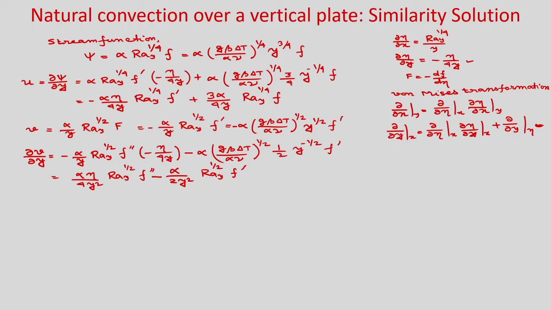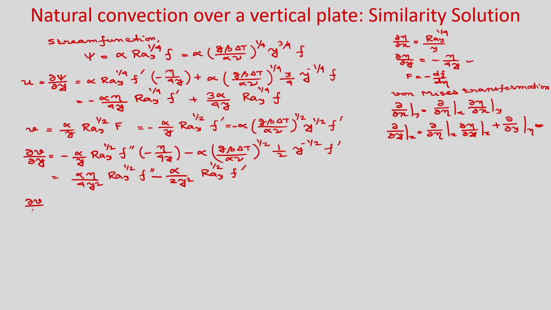Okay. Now, let us find the derivative of v with respect to x. That means del v by del x, you can write minus alpha by y, so del v by del eta into del eta by del x. So, that will be Rayleigh number to the power half f double prime, and del eta by del x we have here. So, you can write Rayleigh number to the power 1 by 4 divided by y.